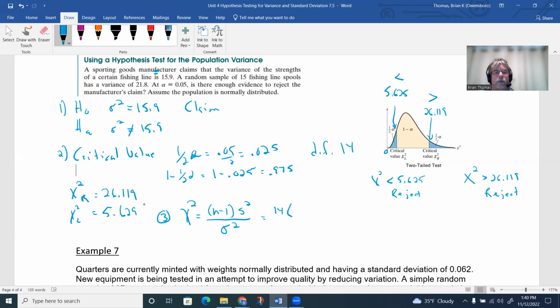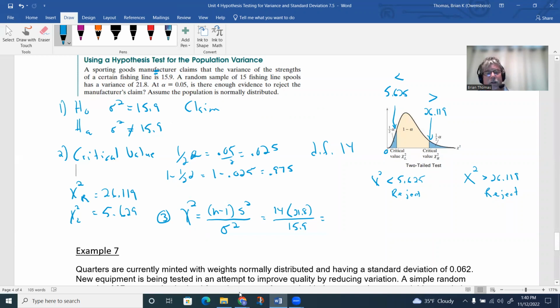The variances were given to us up here. 15.9 is the population variance, the bottom one. The sample variance they found was 21.8. We don't have to change those, because that's what S squared stands for, the variance.